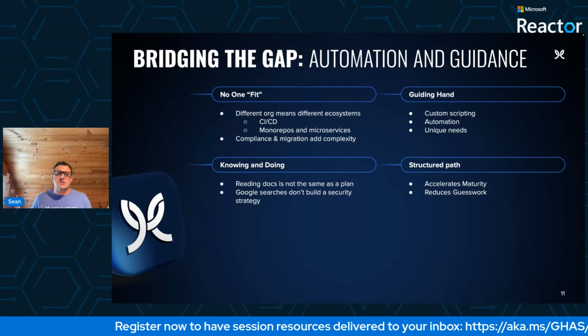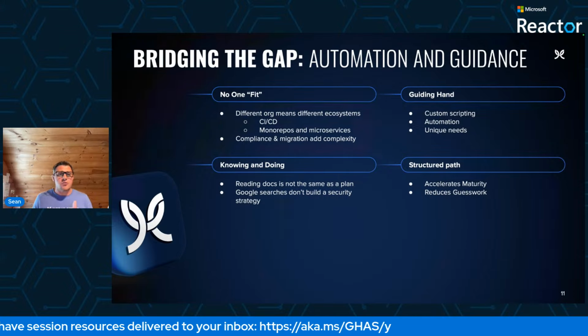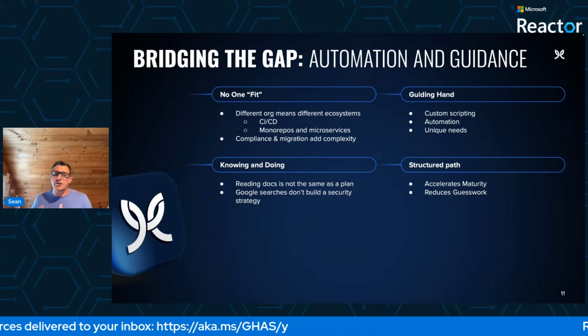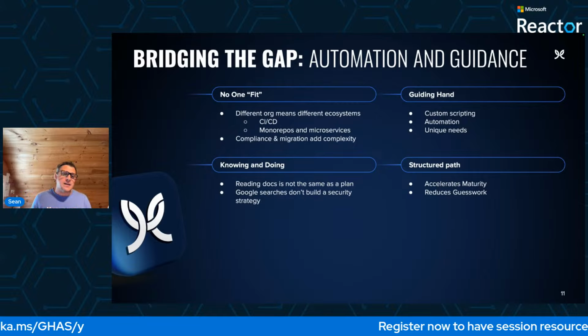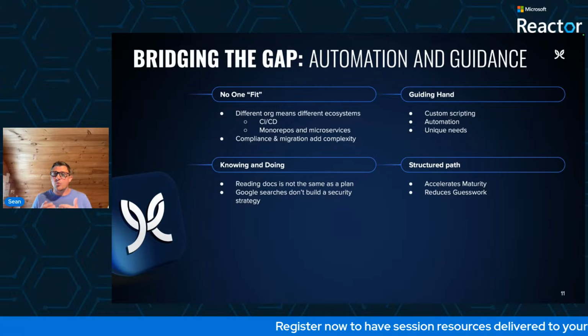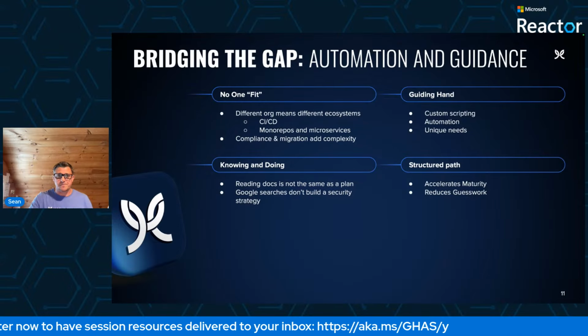This gives your teams the tools and confidence to remediate vulnerabilities faster, reduce risk exposure, and deliver code securely at the speed your business demands. By aligning automation with hands-on expertise, we help you achieve measurable security improvements while minimizing disruption to developer workflows.